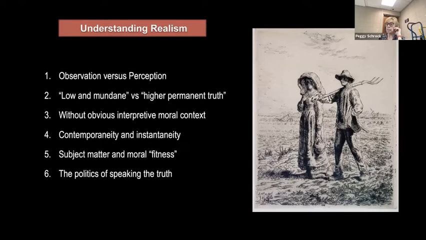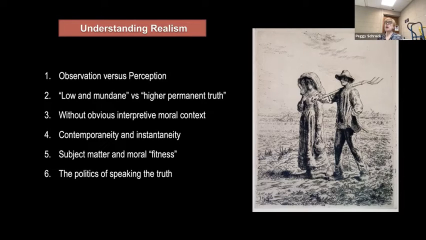Another is a more obvious one, and that is that it's low and mundane, that it's very common. Now you've got to remember what we've been looking at. The art of the academy was all about heroism and great political figures, and it was about big ideas, grand statements, right? Things that are really important, moral values.